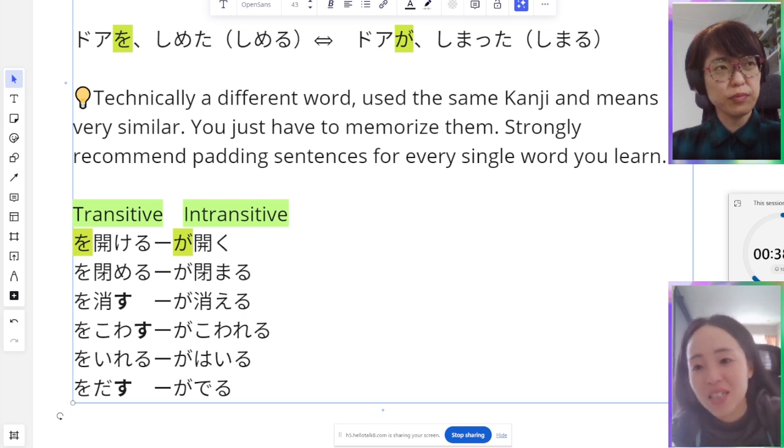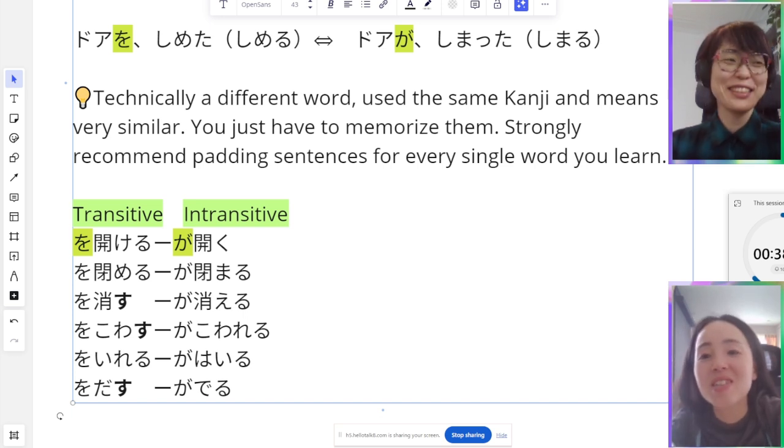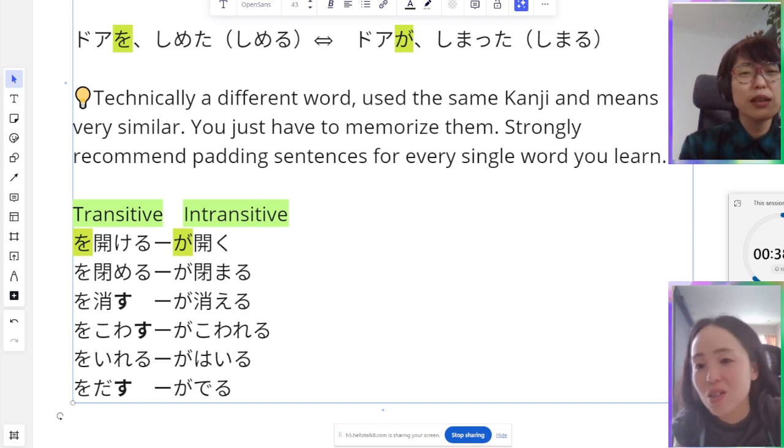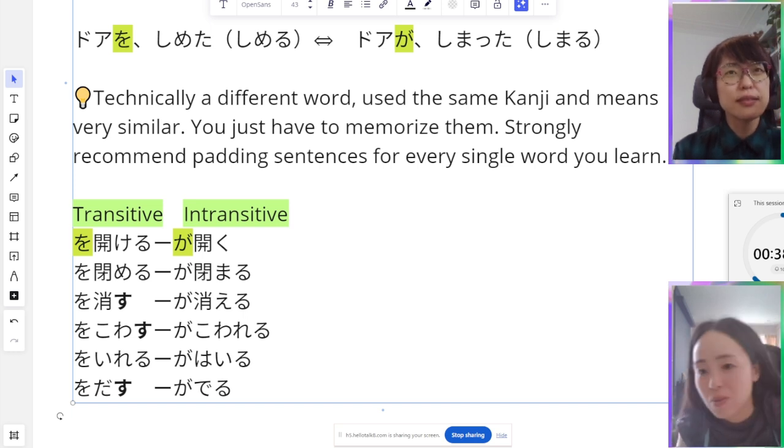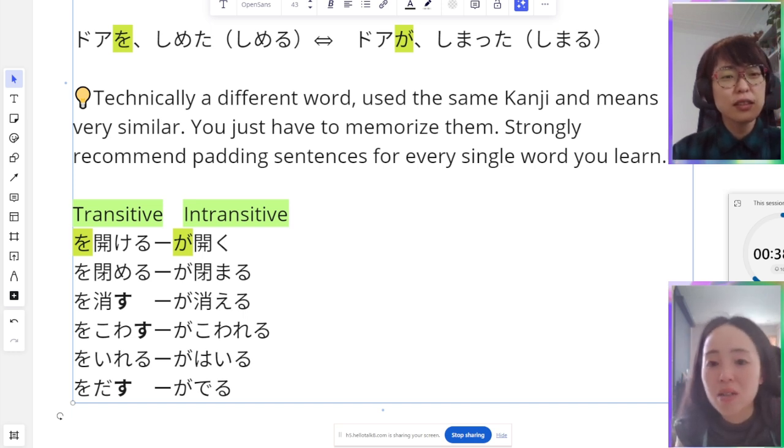What do you think? So how should a Japanese learner study?